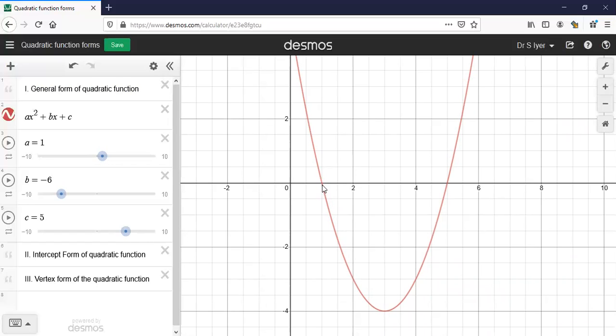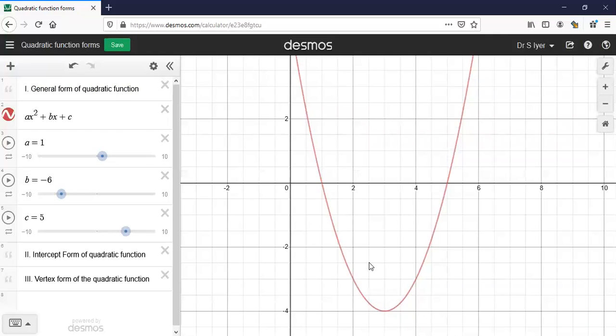They are the points 1, 0, that's where I'm hovering the mouse, you can see it, and the point 5, 0. These two are also called the roots of the quadratic equation, right? These are the two points where the parabola meets the x-axis.